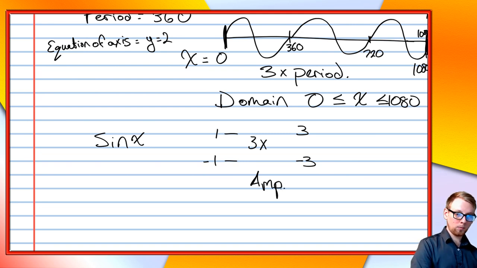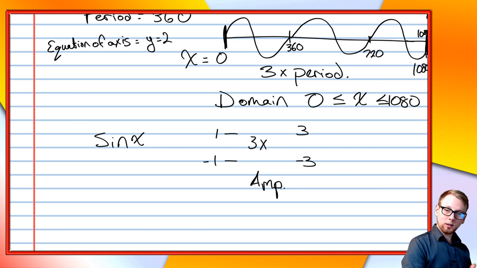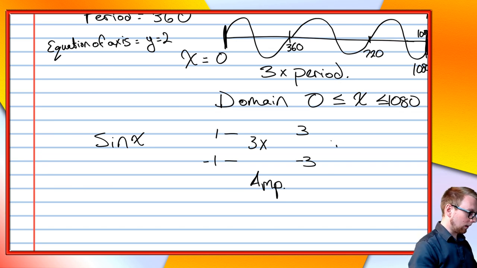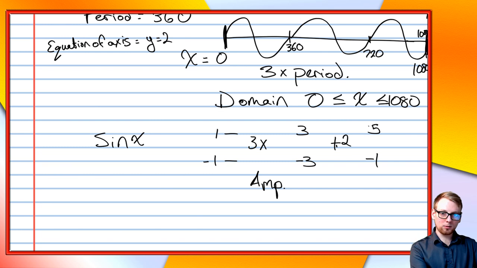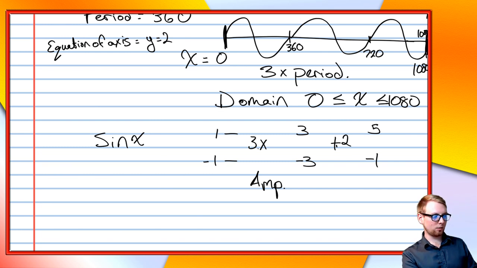But we still have to do that shift because it's 3 sine x plus 2. The shift is add 2. So that means the minus 3 plus 2 goes to minus 1, and 3 plus 2 is 5. You see how that changes? How that adds up? Going from the regular times the amplitude plus the shift. This is the range.